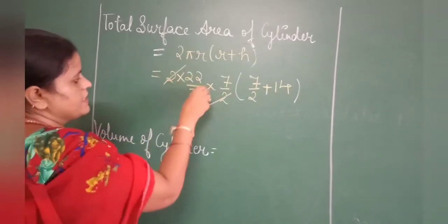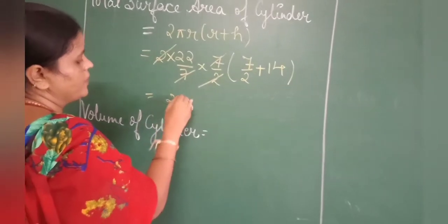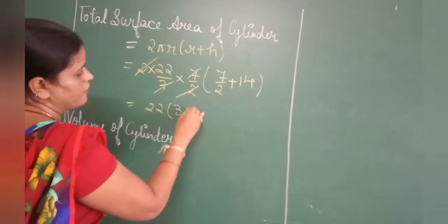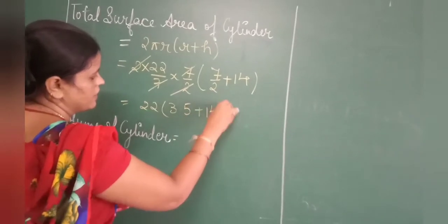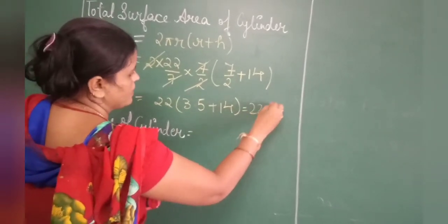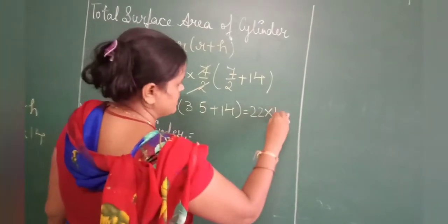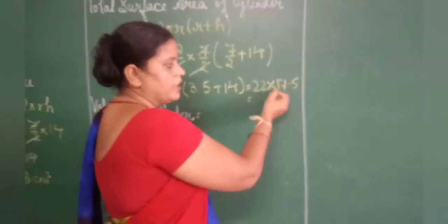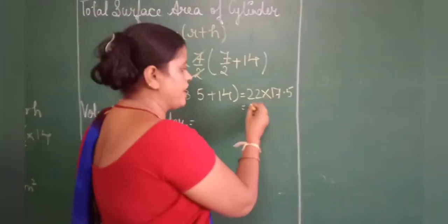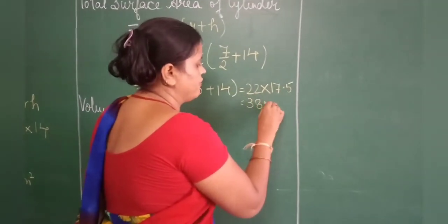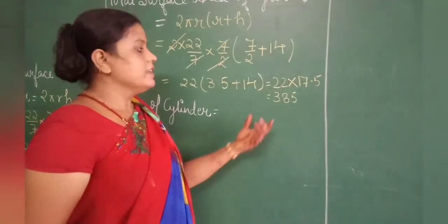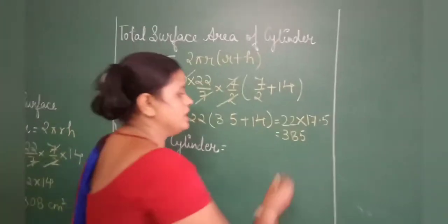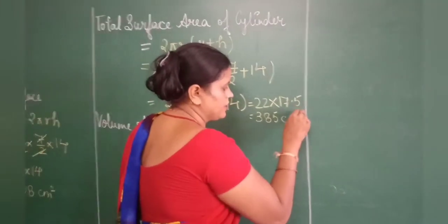The 2 cancels out, 7 and 7 cancel out. We have 22, and this is 3.5 plus 14, so 22 into 17.5. When we multiply 22 with 17.5, we have 385. This is area, so the unit is centimeter square.